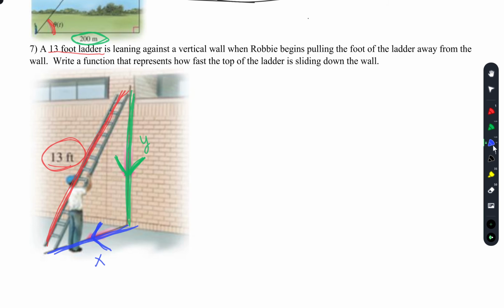So you got x squared plus y squared equals, now I can put 13 in because it's not moving, right? So that's not moving. So what I'm going to do is a derivative. So 2x and then chain dx dt plus 2y times dy dt equals 169.